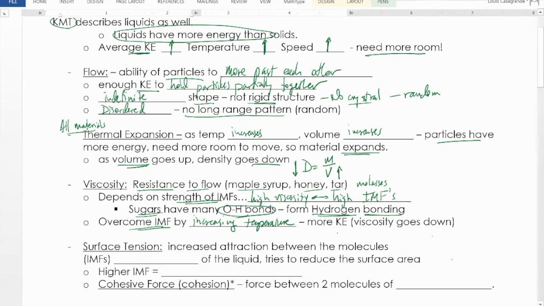So more kinetic energy, we can overcome those intermolecular forces. And this is going to be a common theme: getting enough kinetic energy into a substance to overcome the intermolecular forces. So as the temperature goes up, the viscosity goes down. Increasing temperature, viscosity goes down.